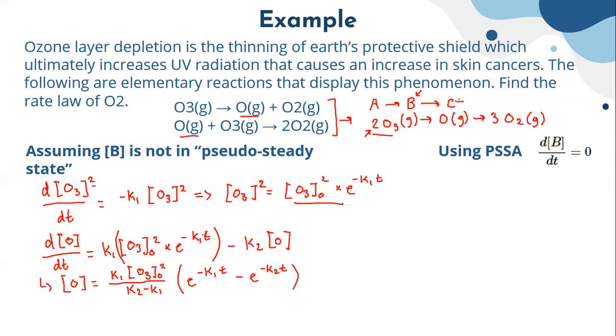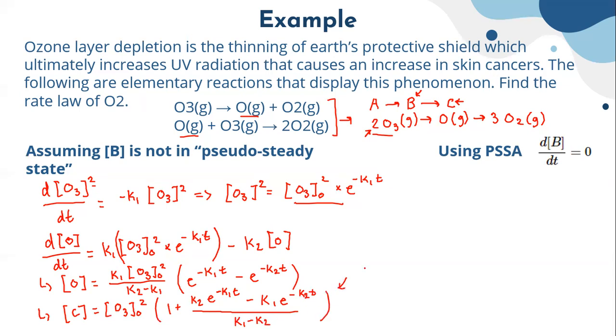But since we are looking for C, we would have to further manipulate this and get the following equation. And this is all multiplied by 1 plus K2 exponential of minus K1 T minus K1 exponential of minus K2 T. And this is all over K1 minus K2.